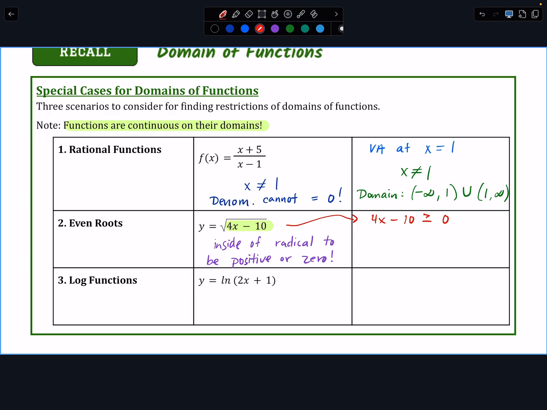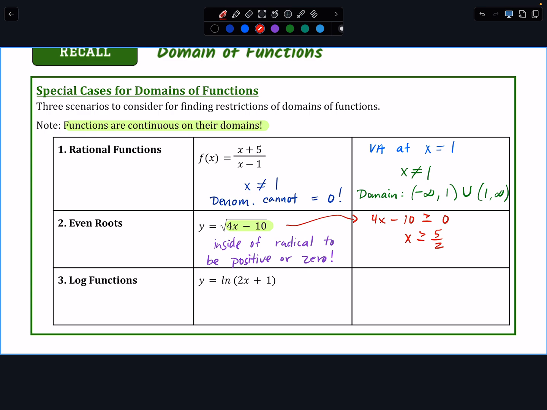So, I mean, you guys are in calculus. I don't need to show you guys this, right? You guys agree I can add 10 and then divide by 4? And if I do that, I'm going to get x is greater than or equal to 5 over 2, because it simplifies. Okay, that's one way to write the domain. What's another way? Which is bigger than 5 over 2, positive or negative infinity?